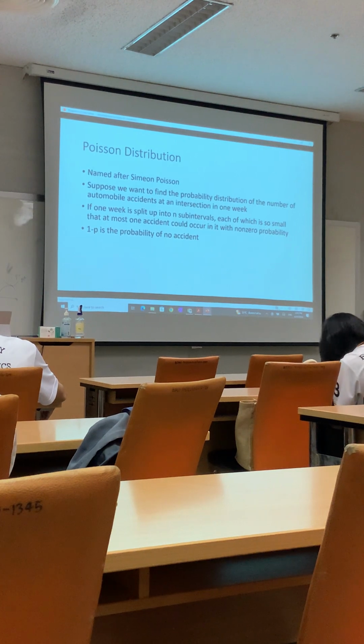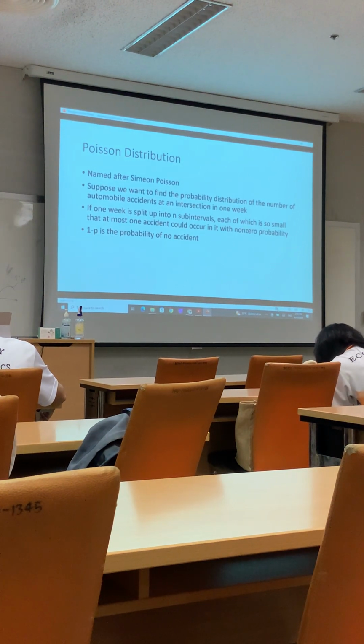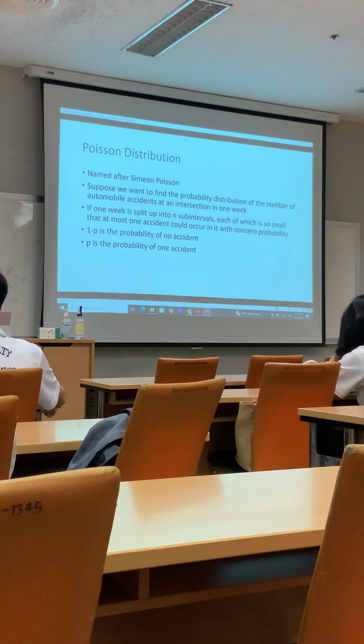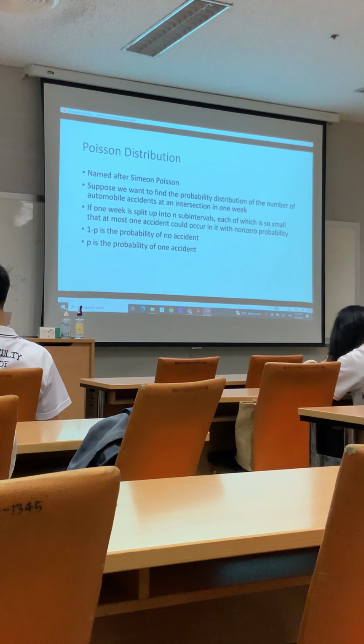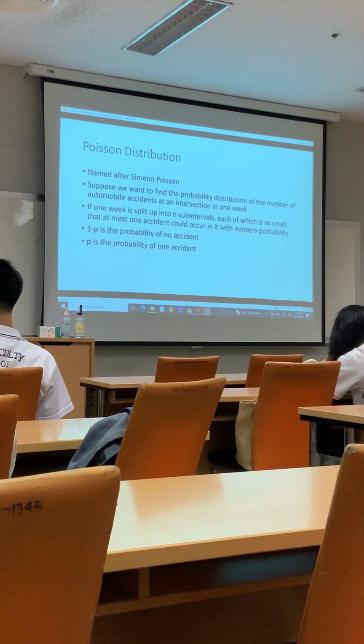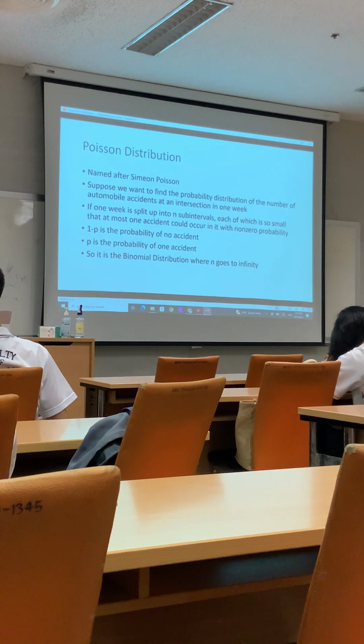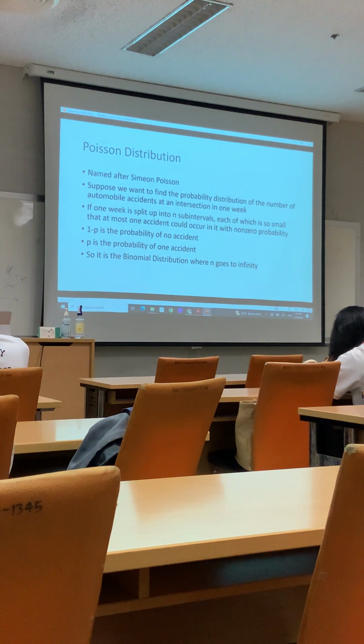So we can define, as in the binomial distribution, that 1 minus p is the probability of failure, or no accident, and p is the probability of having an accident within the subinterval. So the Poisson is a binomial distribution where the limit is n going to infinity.